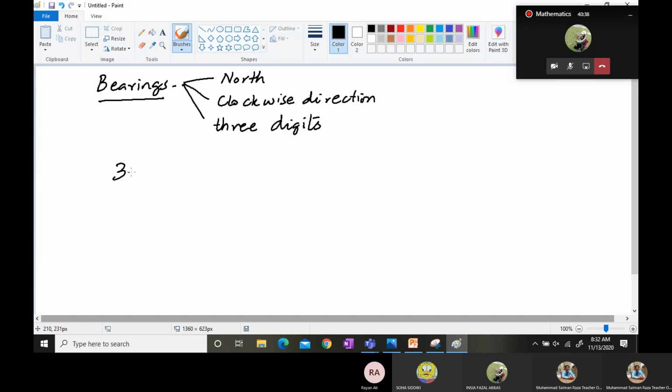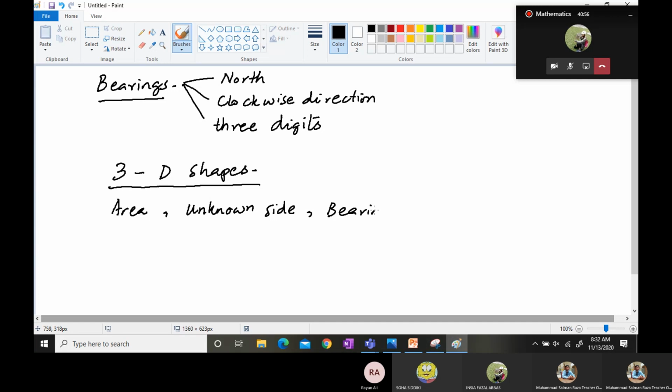And then last but not the least, there come the 3D shapes. When they ask us about 3D shapes, they ask us to find the area, any unknown side, bearings, etc. Then we need to see what technique is applied when we are going to find any unknown thing in any of the 3D shapes.